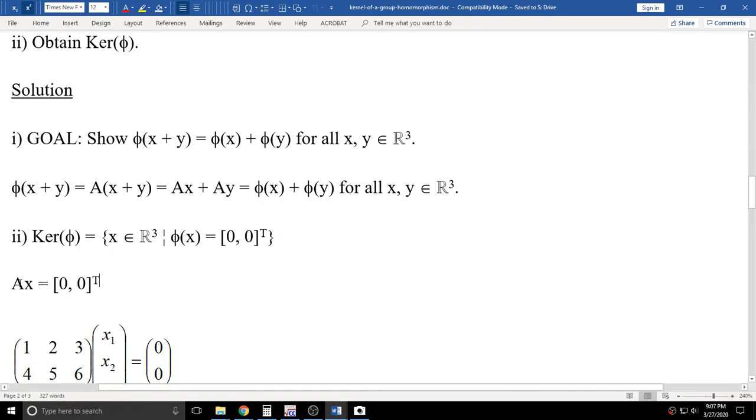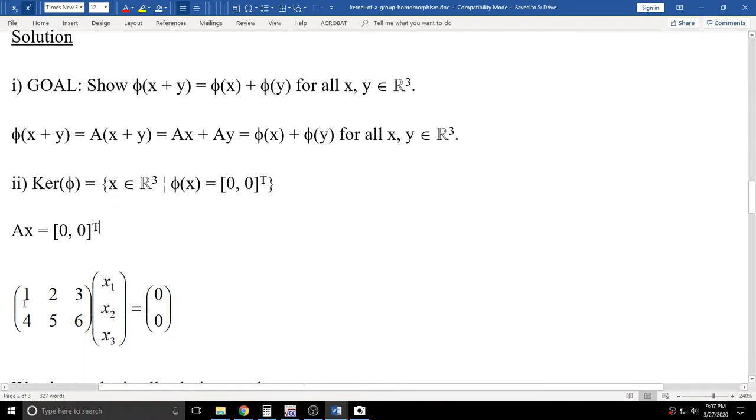Now we know A is the matrix 1, 2, 3, 4, 5, 6. x is an element of R3, so we're going to write it as x1, x2, x3, equals 0, 0, theta in R2. Observe that this is simply a system of two equations in the variables x1, x2, x3.